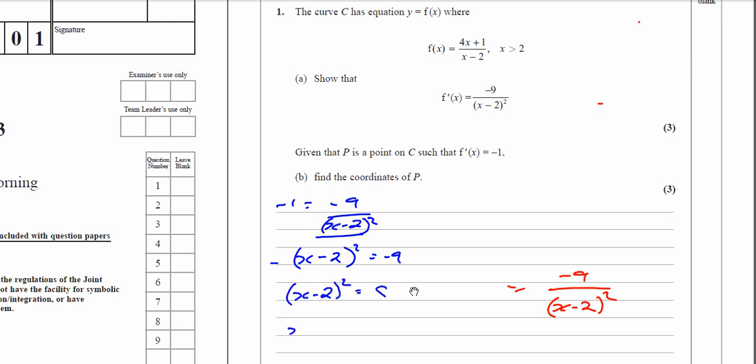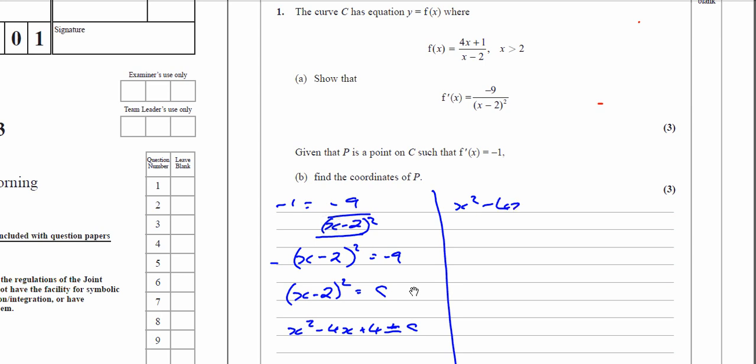If we expand the brackets, x squared minus 4x plus 4 equals 9. Bring everything onto the left-hand side. X squared minus 4x minus 5 equals 0.